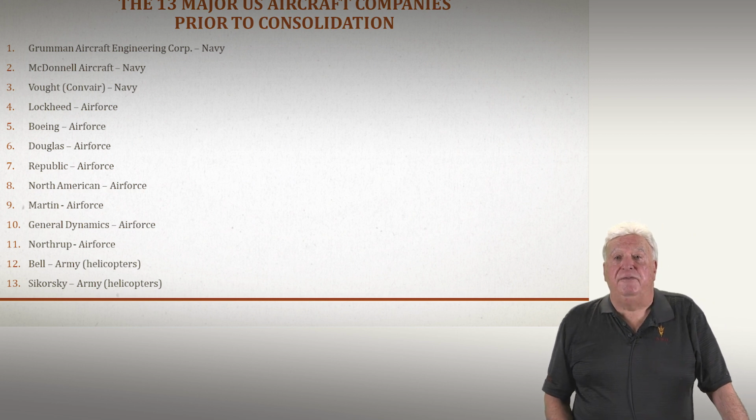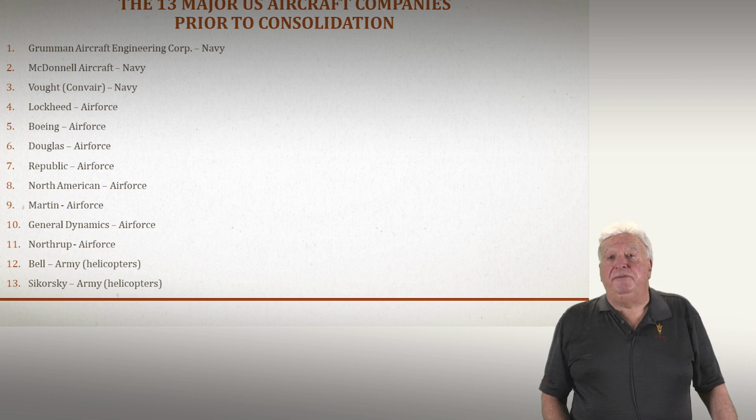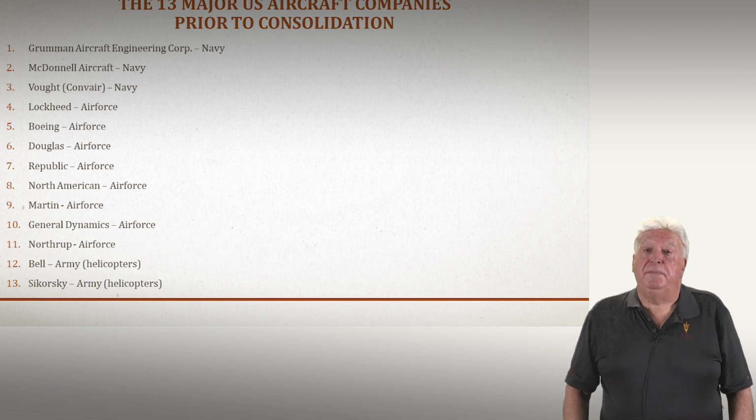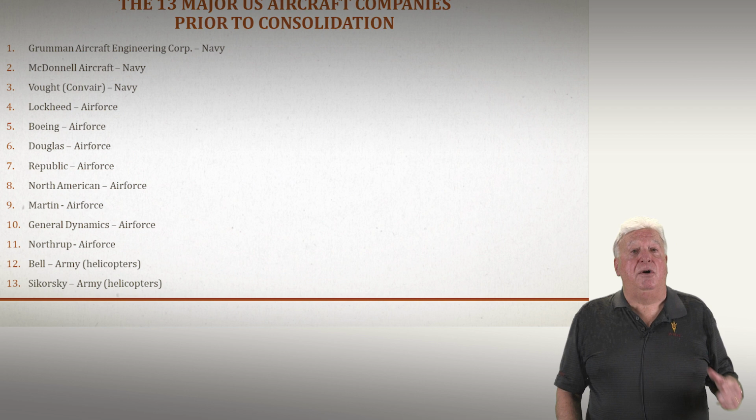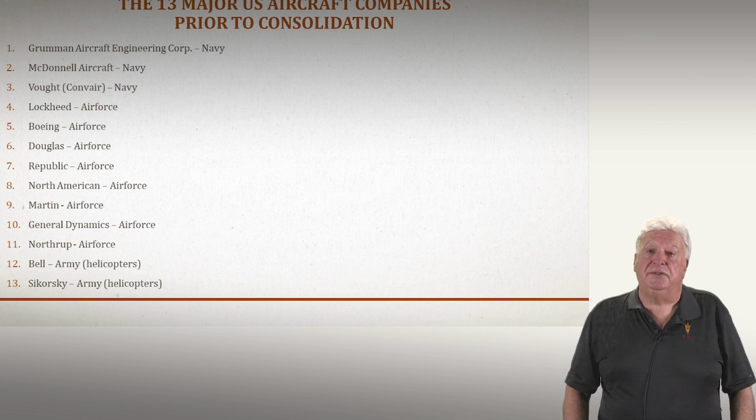Grumman, McDonnell, and Vought, which is also known as Convair, always fought it out for naval aircraft programs. Lockheed, Boeing, Douglas, Republic, North American, Martin, Northrop, and General Dynamics fought it out for Air Force aircraft contracts. Bell and Sikorsky always fought it out for Army contracts.